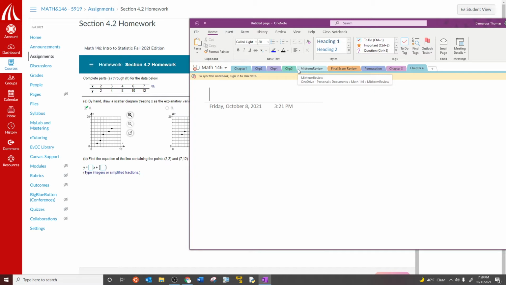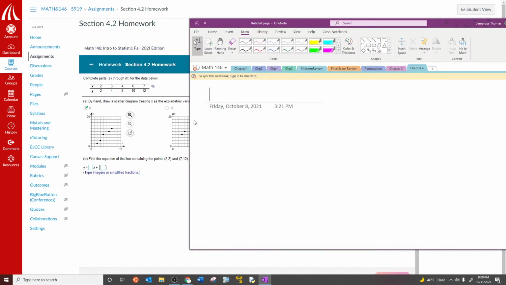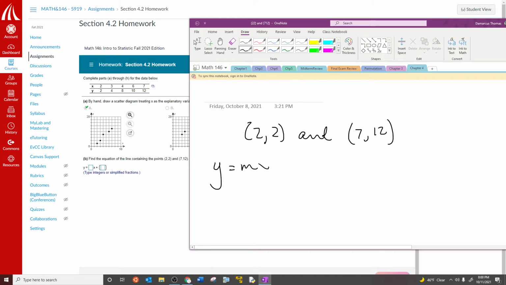I don't think there was much guidance on how to actually write an equation from 2 points. So let's say we have 2 points and our line goes through these 2 points. We need to write the equation of the line in slope-intercept form. The first thing we have to do is find m, the slope.